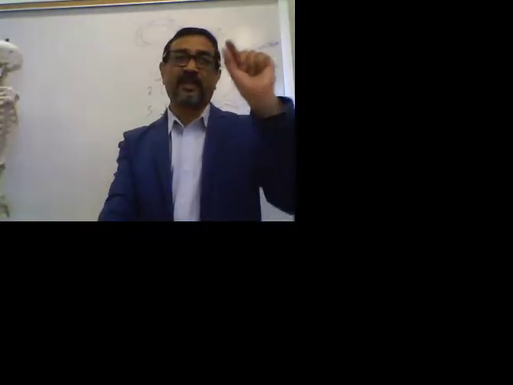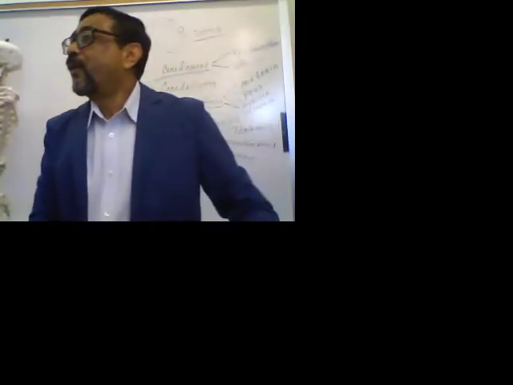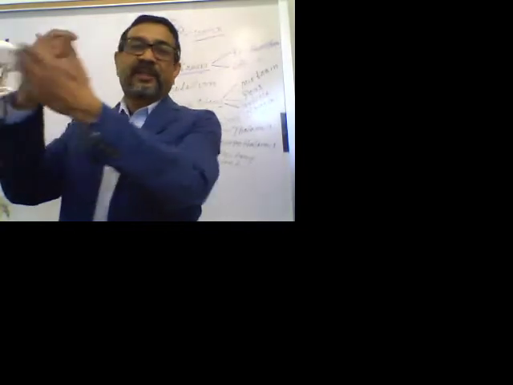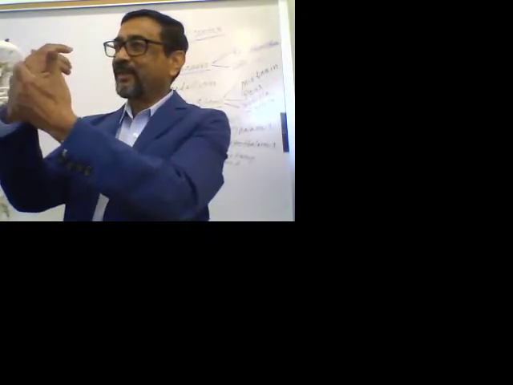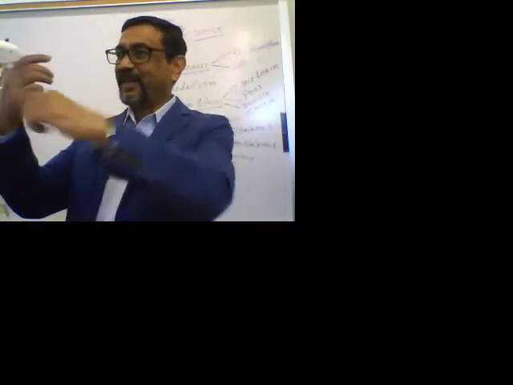Thalamus, a very important structure of your brain. Why? Because almost all sensory signals are relayed in the thalamus. Touch, touch is a sensory signal, right? Perception, touch, pain, temperature, those are sensations, right?